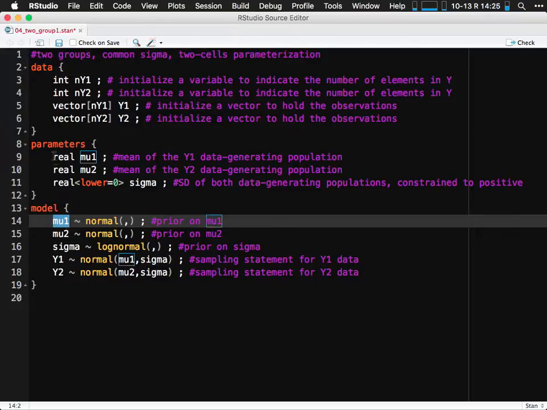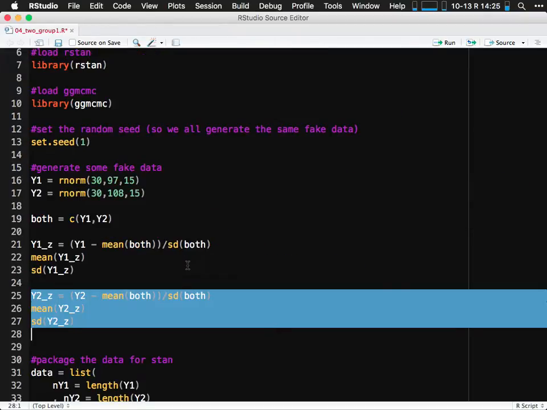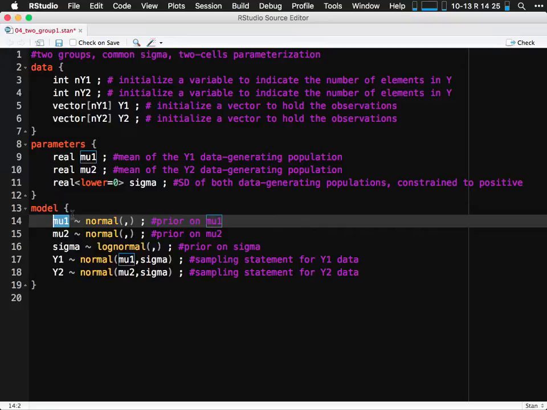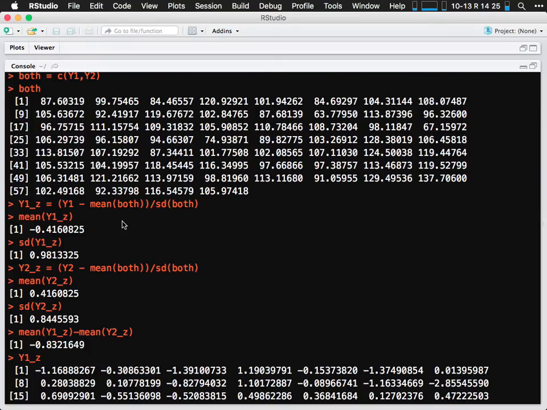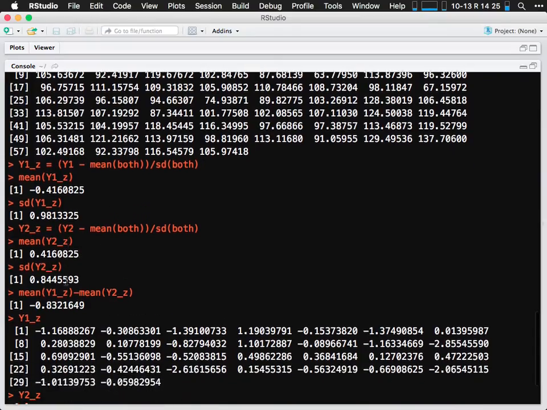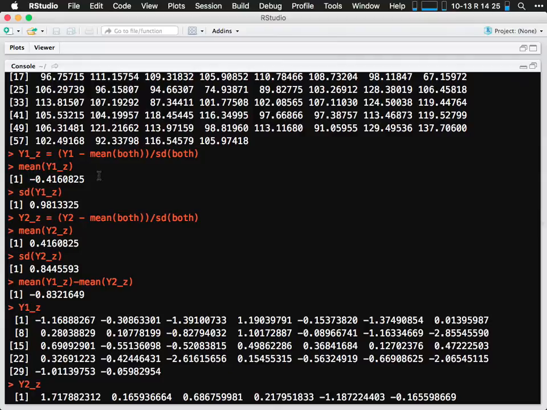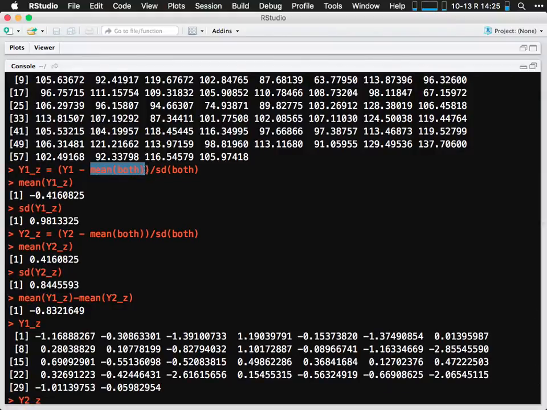each population, the mean of both groups is now closer to 0 than we had before. Technically, if we actually look at the data, the mean of y1 is negative something, and the mean of y2 is positive that same value. So by subtracting from each group the mean of both groups together, we've made it so that both groups are kind of centered near 0.